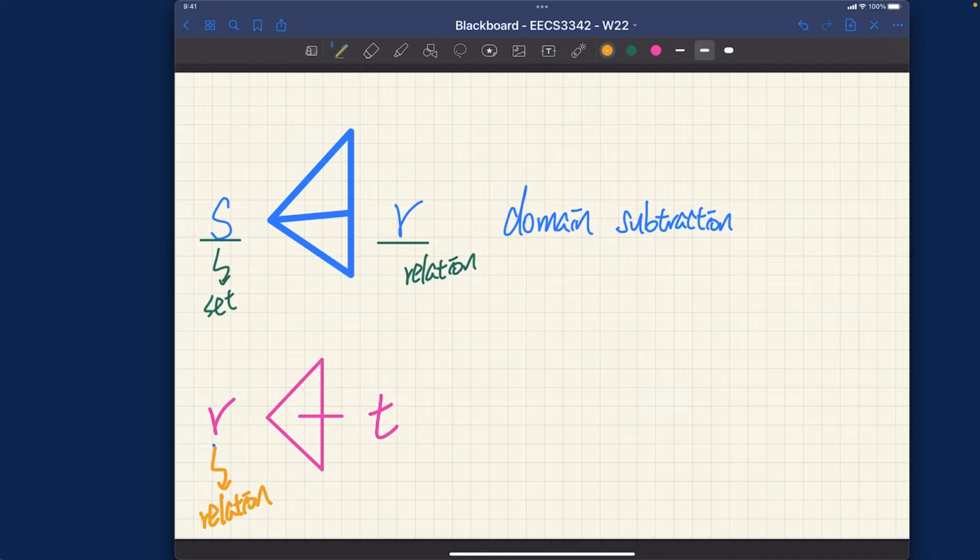It's going to be overridden by another relation. Syntactically, you really want to distinguish between the difference. You've got to have sharp eyes whenever you look at the two operators. Just make sure you actually understand it. So this will be overriding.